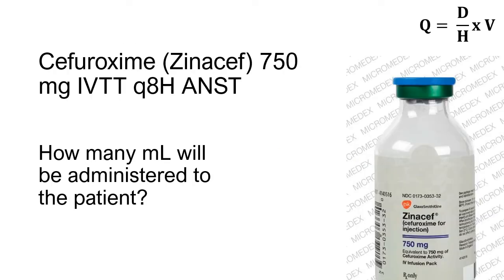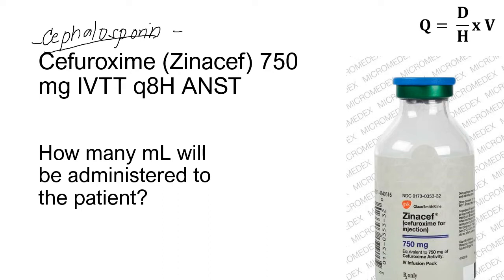Let's have another example. In this case, you have an antibiotic, cefuroxime. Recall in your pharmacology that cefuroxime is considered a cephalosporin, meaning it has almost the same components as penicillin, because cross-sensitivity tends to occur between cephalosporins and penicillins.